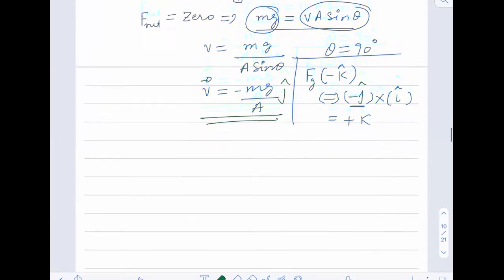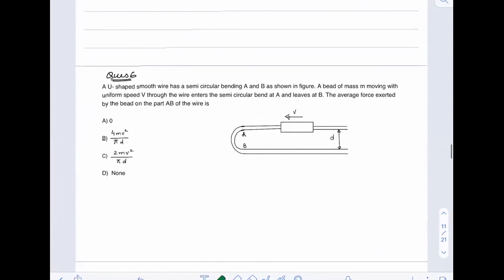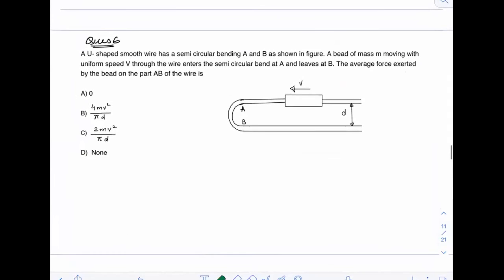Now see this question. A U-shaped smooth wire has a semicircular bending. So this bending is actually from A to B. You have a semicircular bending as shown in the figure.